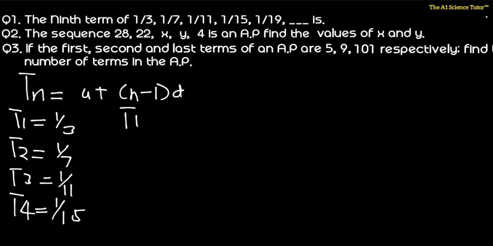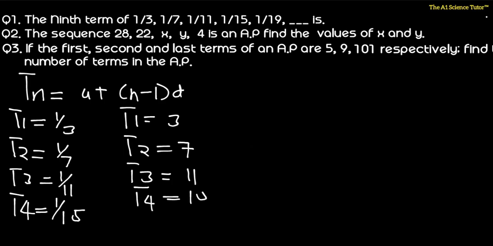So let us say arbitrarily T1 is equal to 3, T2 is equal to 7, T3 is equal to 11, T4 is equal to 15, and T5 is 19 rather.